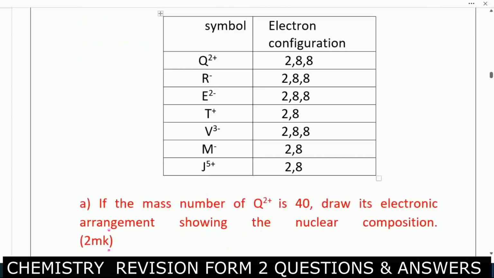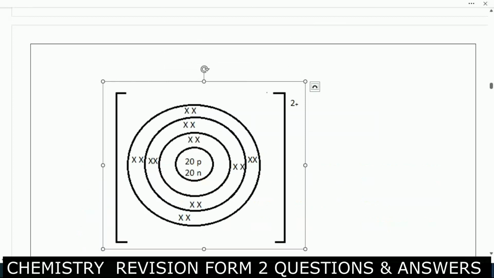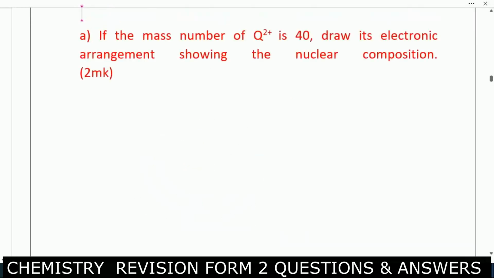You can see them clearly. The mass number of ion Q is 40. Draw its electronic arrangement showing nuclear composition. This one is very simple. You just look at the electronic configuration, and this is how you draw it. This one has 2 marks.